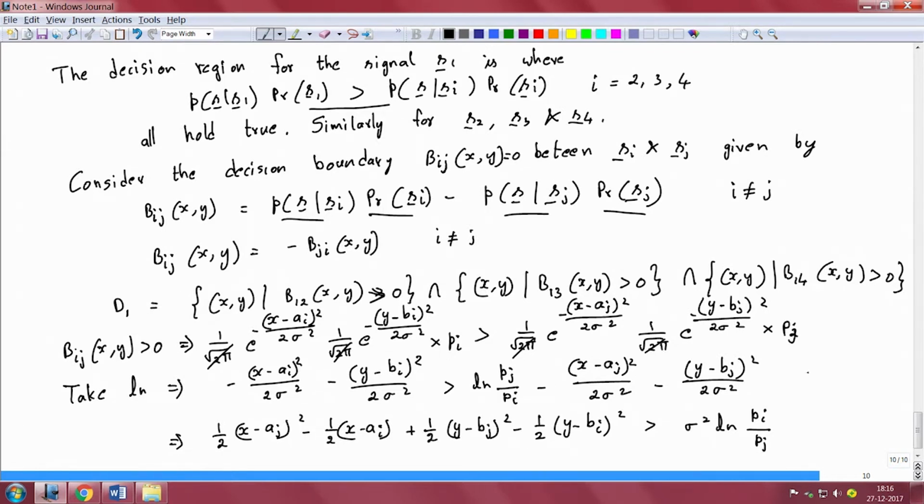Also note that a_i square is the same as a_j square, equal to 1. Similarly, b_i square equals b_j square equals 1, because a_i and a_j are either plus or minus 1. So, all these terms a_j square, a_i square, b_j square, b_i square and x square from both these terms get cancelled out and you will be left with a linear equation.